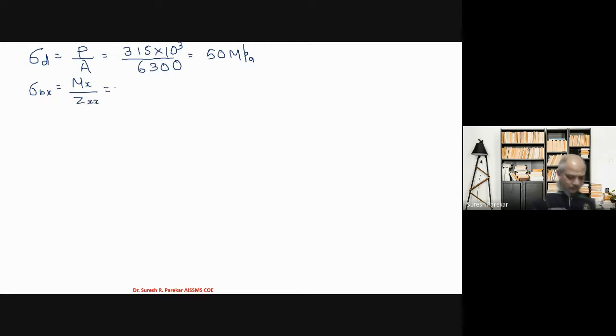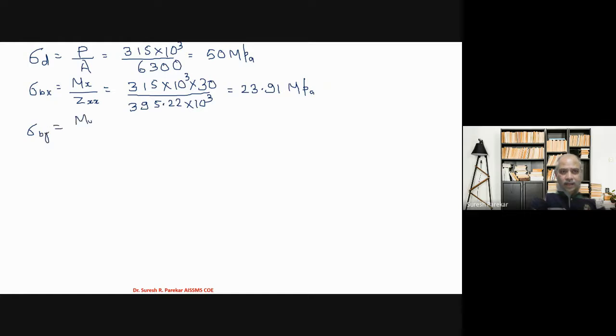Mx we have 315 into 10 raised to 3 into Ex upon ZXX we have 395.22 into 10 raised to 3, and we have sigma Bx that is equal to 23.91 MPa.